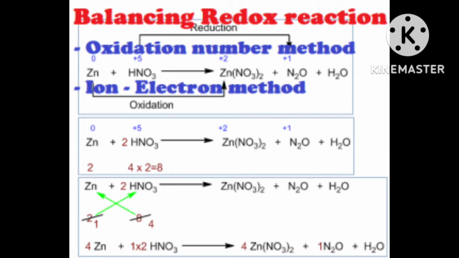Because 14 negative is there, you have to write 14 positive. Now you already know chromium has to be balanced, Cr2. With Cr2O7 2 minus, first you balance the chromium. Then for Cr2 you can write 2Cr3+.